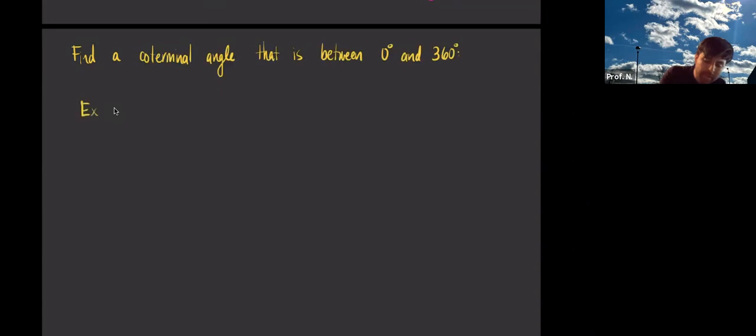So an example, if I have 400 degrees as my angle theta, I want to find another coterminal angle to this.